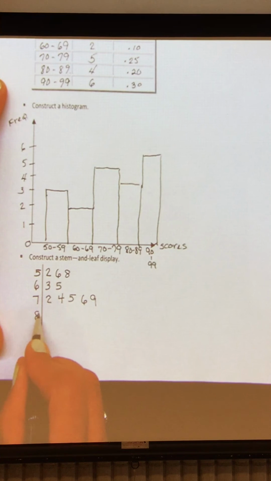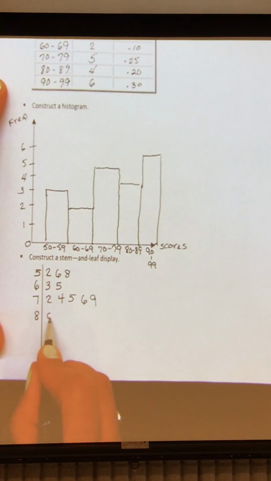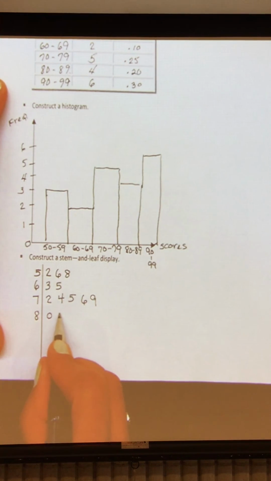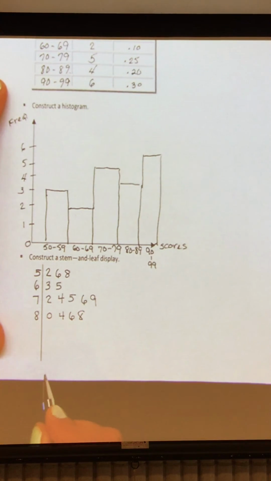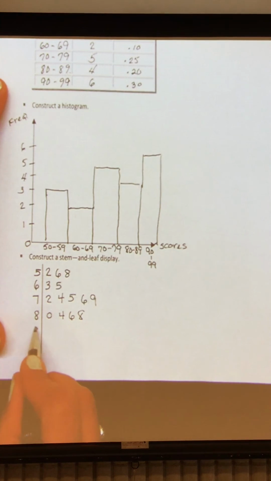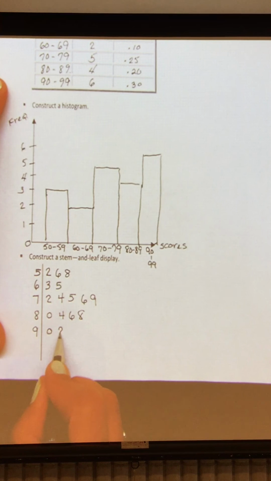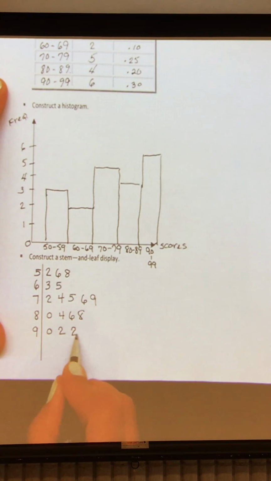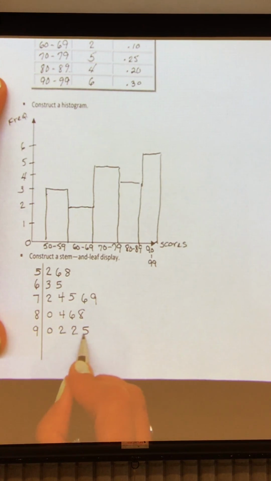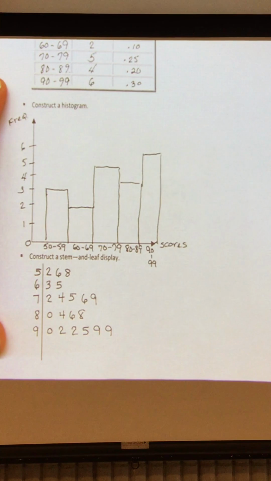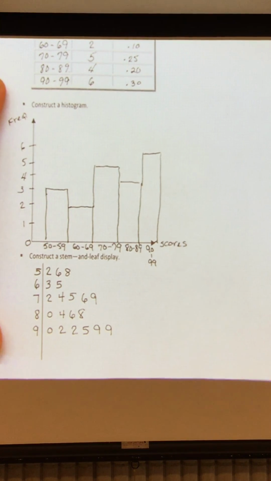The next score begins with an 8, and you have 80, 84, 86, and 88. And the last scores are in the 90s, and you have 90, 92, another 92. You have two 92s on that table, a 95, and again a 99, and another 99. And that completes Chapter 7, Section 3.